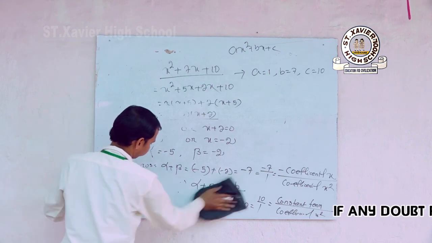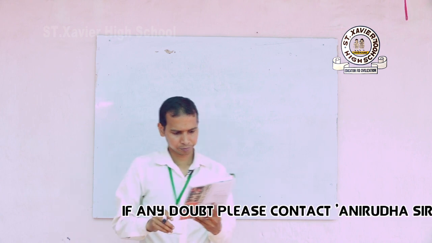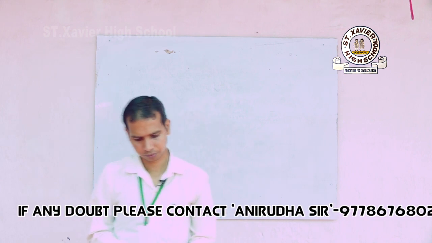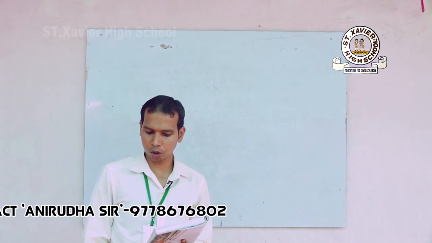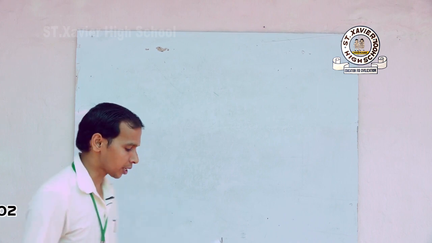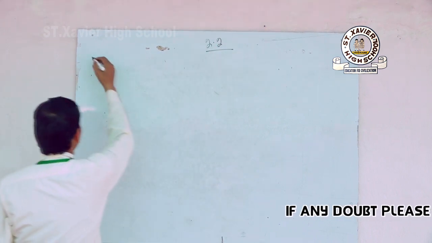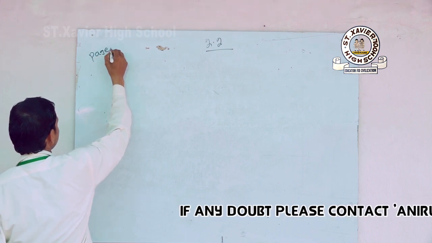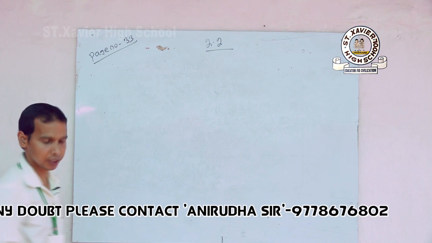Exercise 2.2. Look, so find the zeros of the quadratic polynomial and verify the relationship between zeros and coefficients. Exercise 2.2, page number 33 of your NCERT book.